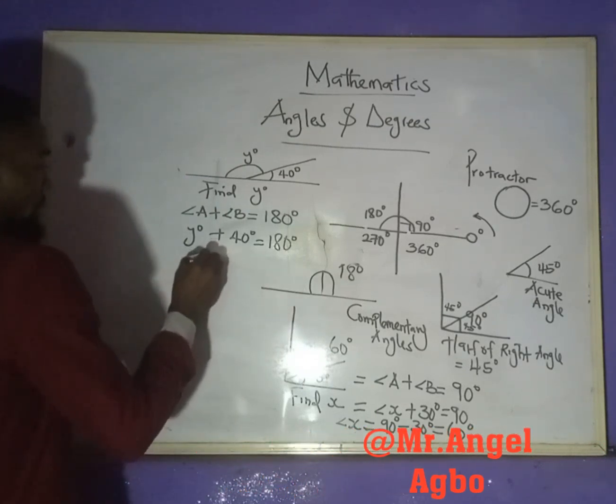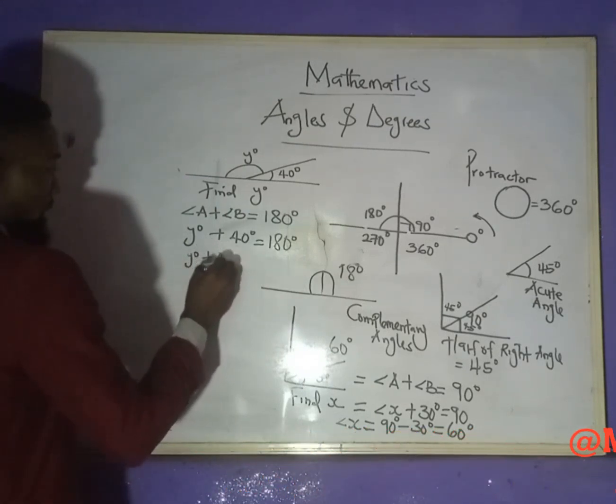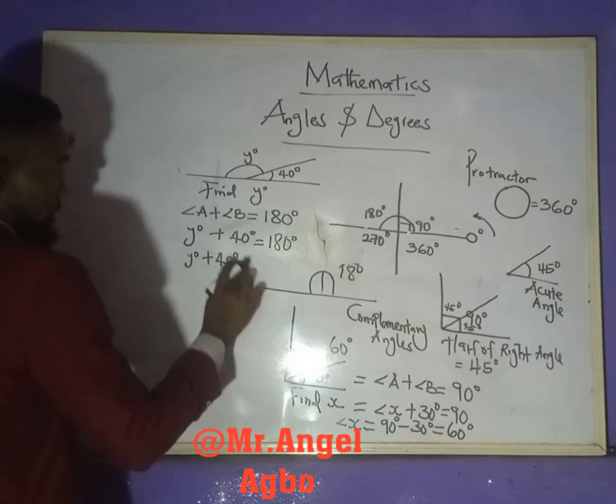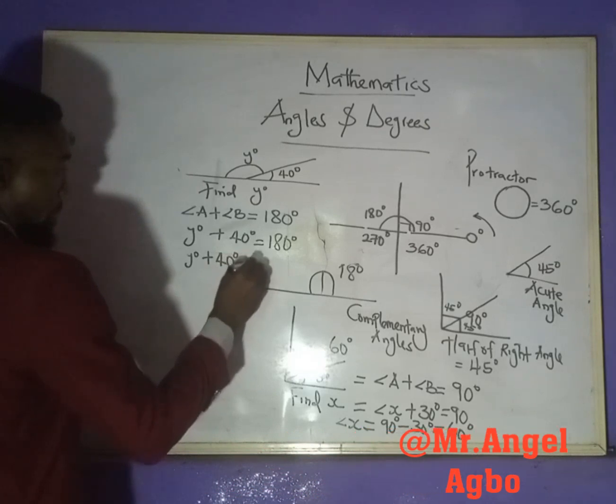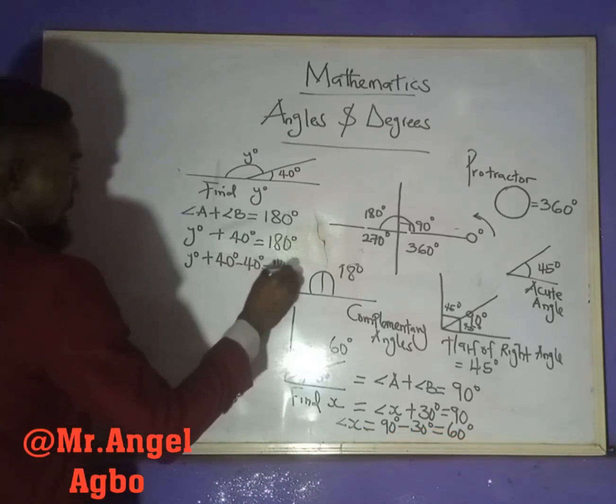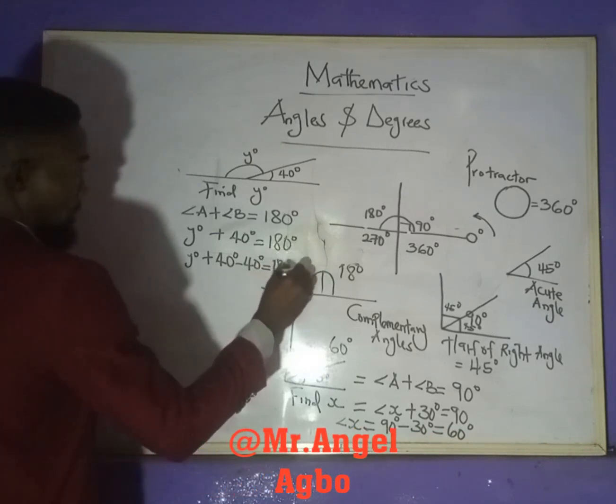rather, y plus 40 degrees minus 40 degrees is equal to 180 degrees minus 40 degrees.